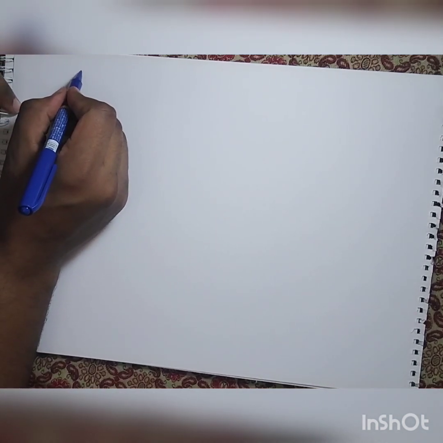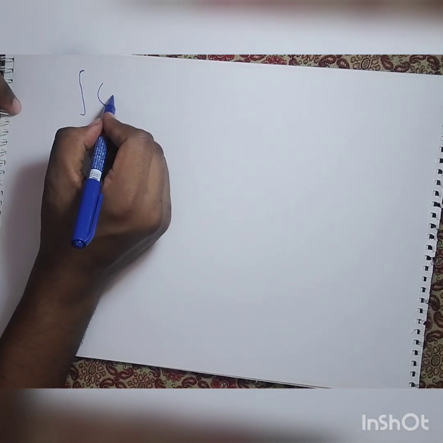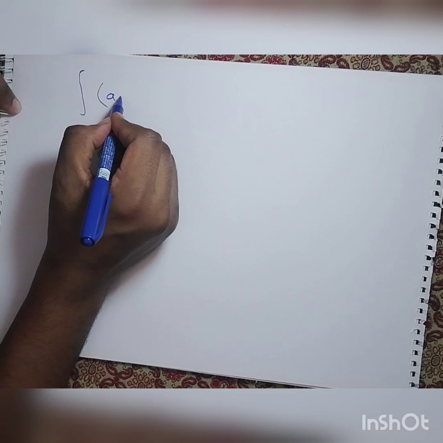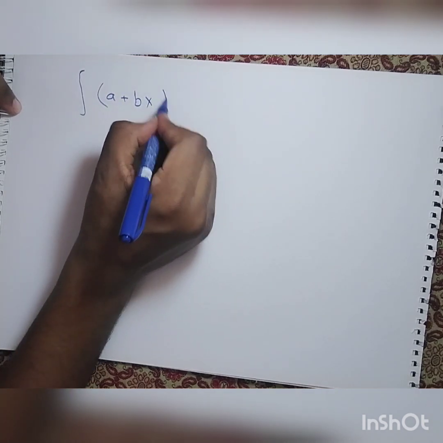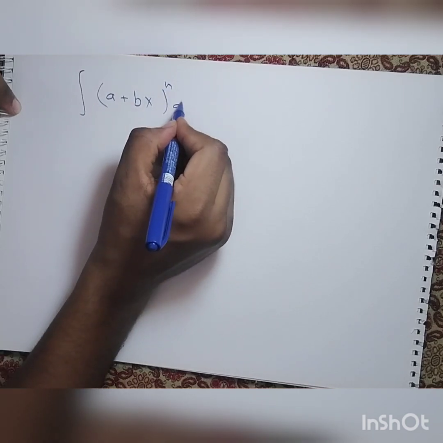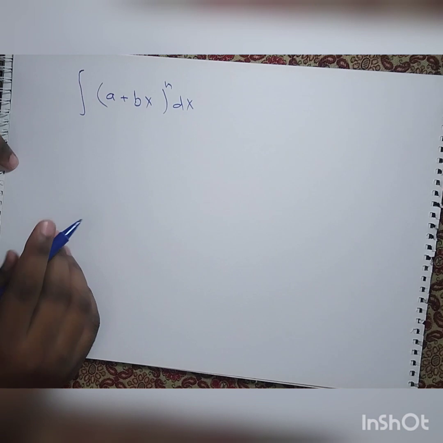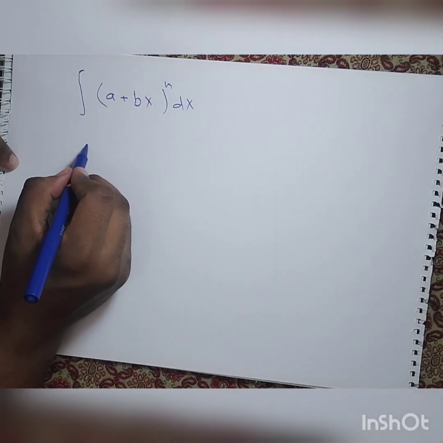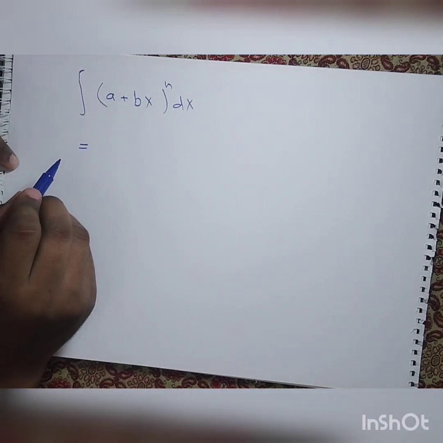Whenever you have the integral of, let us say, a plus bx, for example, to the power n dx. Let us say we have this integral in this form, and we would like to integrate. That is general. The rule says this is directly, so we will of course understand why.